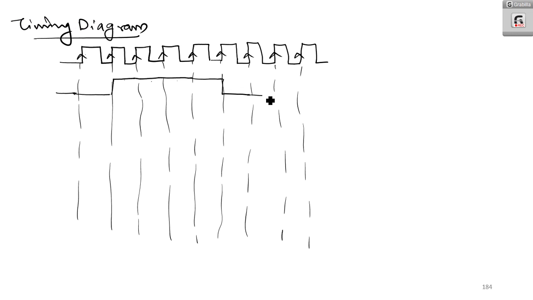In the first clock it is 0, then 1, 1, 1, 1, then 0, 0, 0. So we can write it as 0 1 1 1 1 0 0 0. So that is regarding Q4.